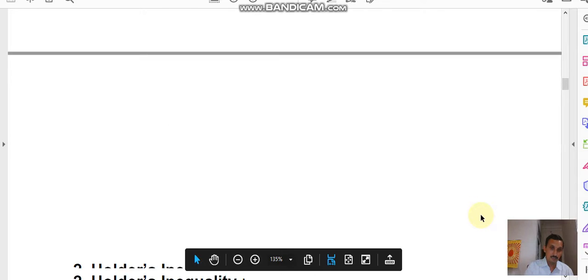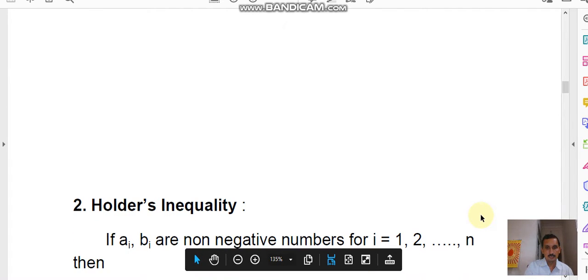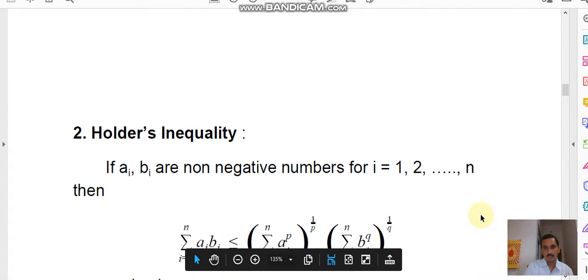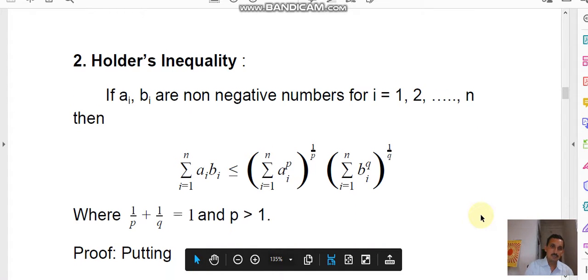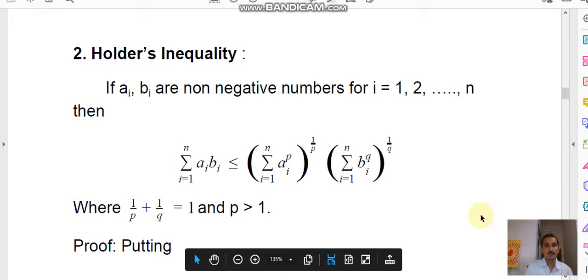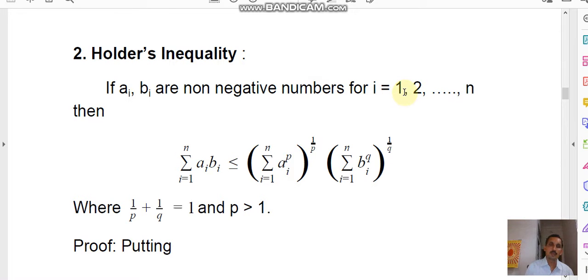Next inequality is Holder's inequality. So here we consider n values. In the Holder inequality, a_i and b_i are non-negative numbers for i equal to 1 up to n. Here i is varying from 1 up to n.